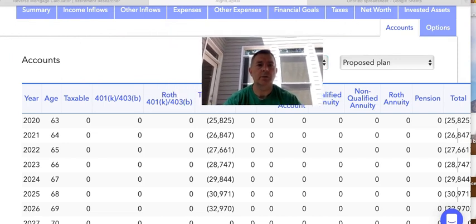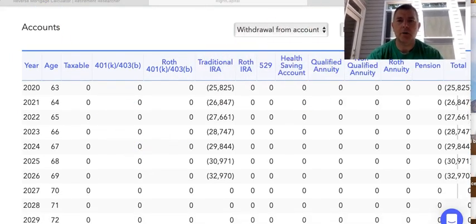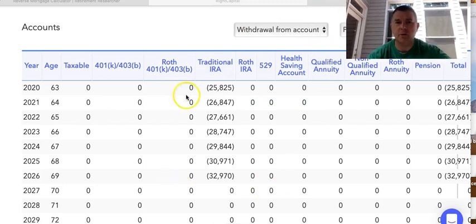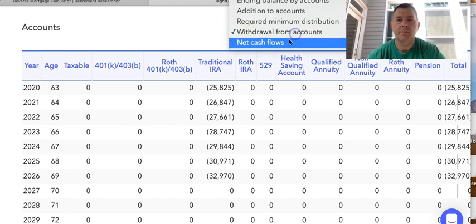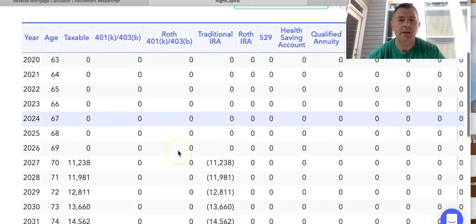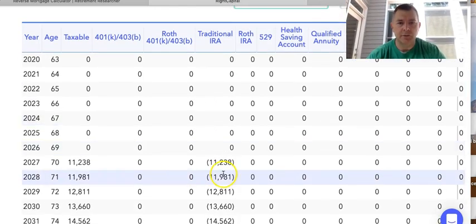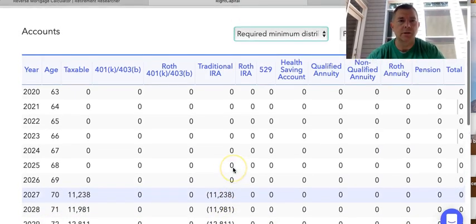Okay, good. I like what we're seeing here. And then once she has her RMDs, there are no more withdrawals from her IRA. Instead it becomes RMDs, and that will be 11,000, 12,000, 13,000. Okay, good.